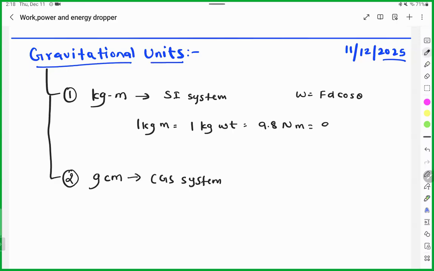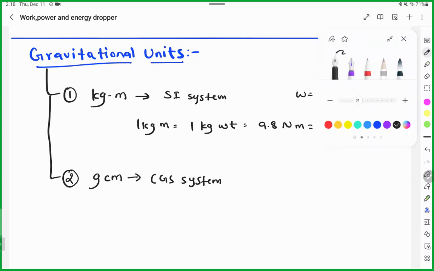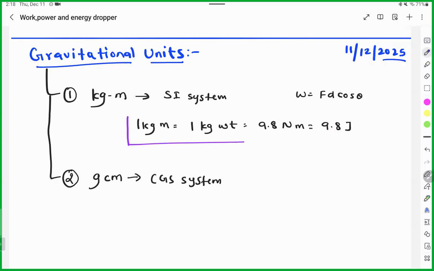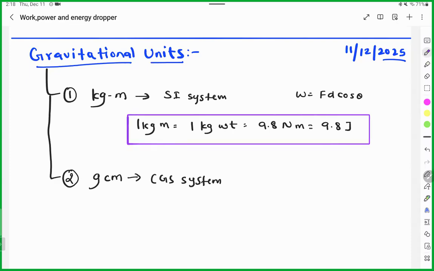And it will be equal to 9.8 joule. So really important कि 1 kilogram meter will be equal to 9.8 joule. Now tell me guys, you have seen such type of question where you have to convert a unit. Yes or no? Yes, sir.